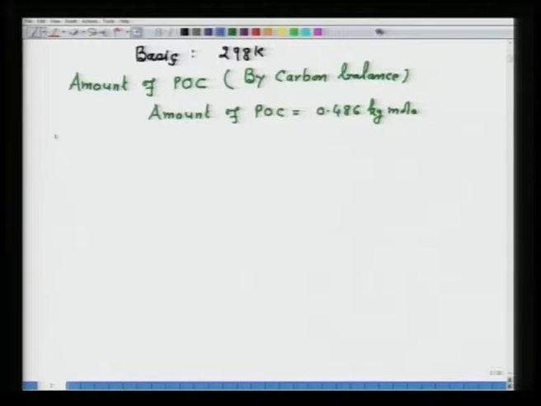Since we now know the amount of POC, we are in a position to calculate the heat to POC. In order to calculate it, you have to calculate the heat content of the various components of the POC, that is nitrogen, oxygen, H2O and CO2. Remember here the net calorific value of the fuel is given.